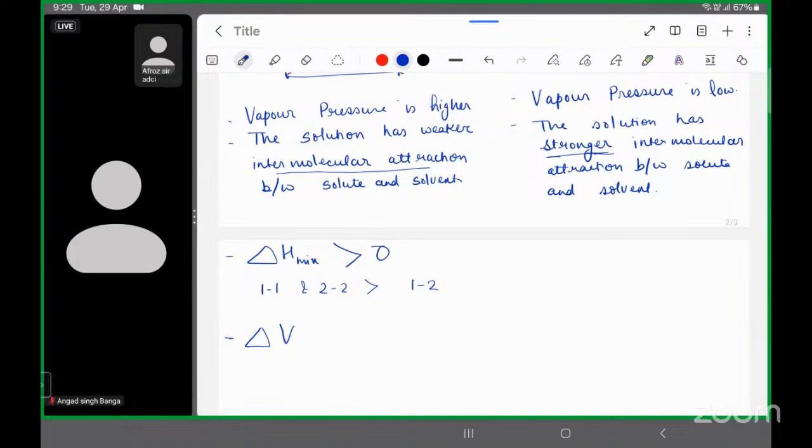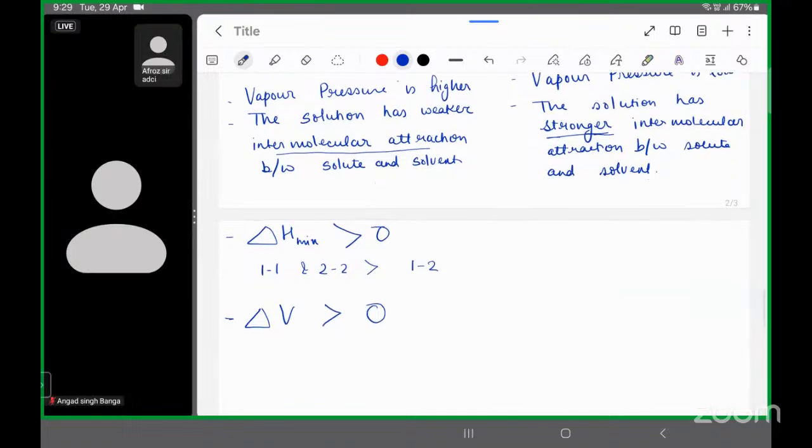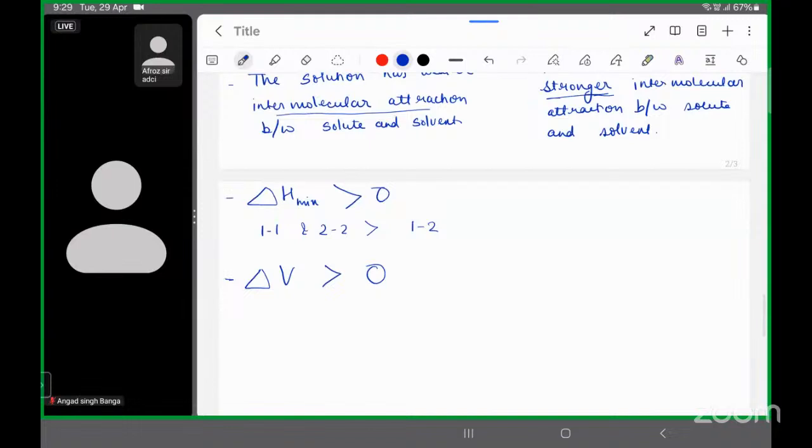Endothermic or exothermic? Yes, please. I did not get the answer. Please give me the answer. Yes, please.